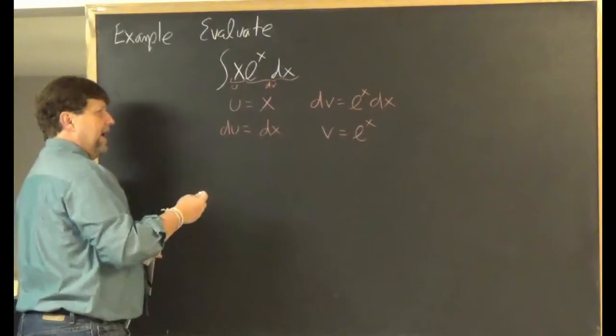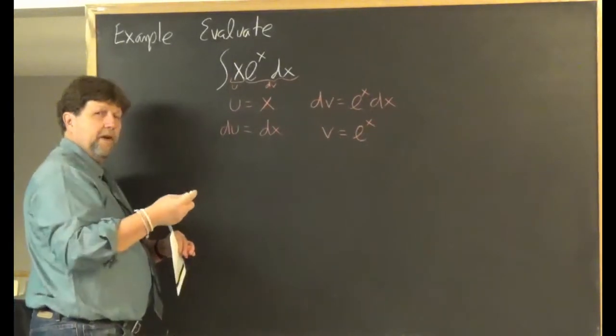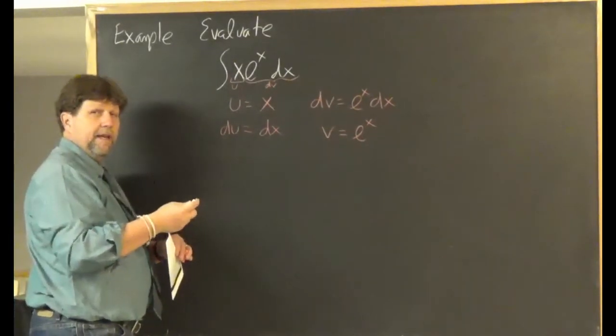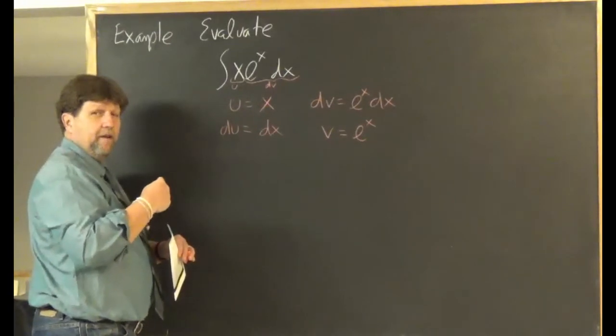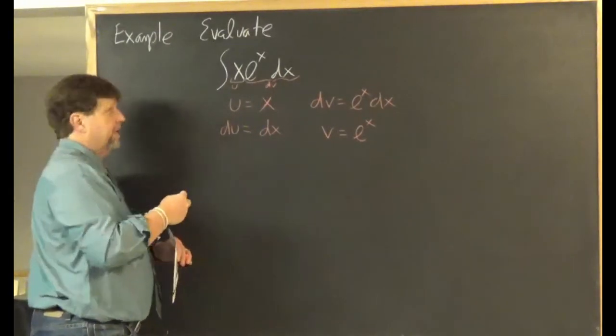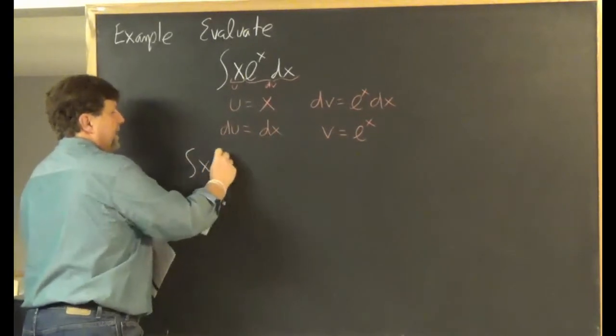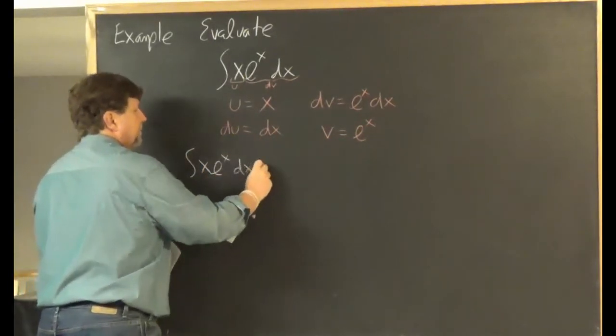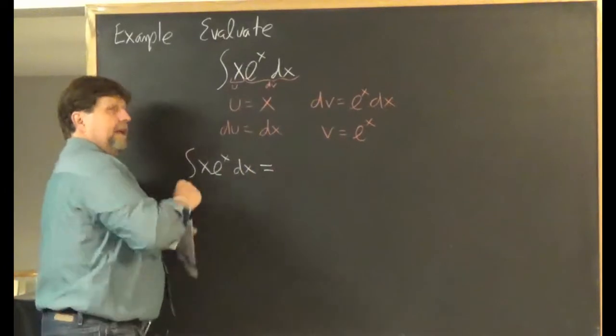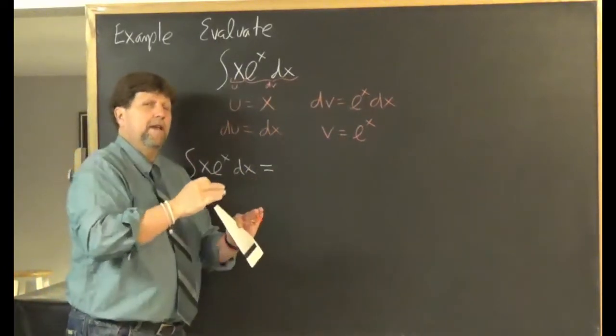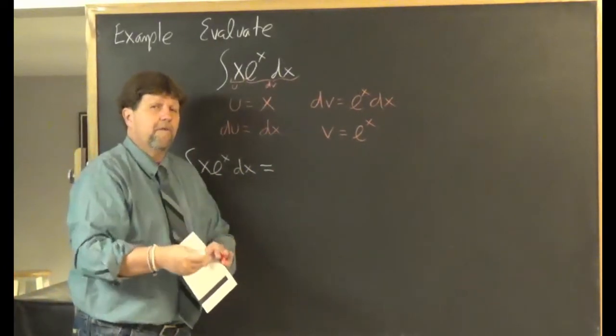And then a habit I got into many years ago, and it's one I strongly encourage you to get into, as you will see by our last example for this section, is I got in the habit of writing down the original problem equals, and now I put the result of cranking it through the integration by parts formula.